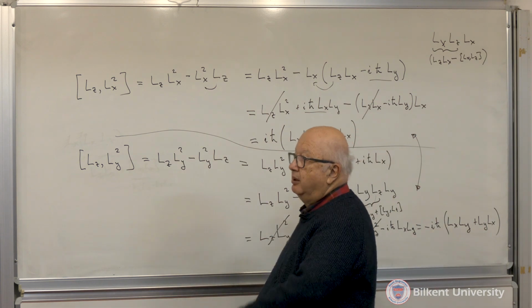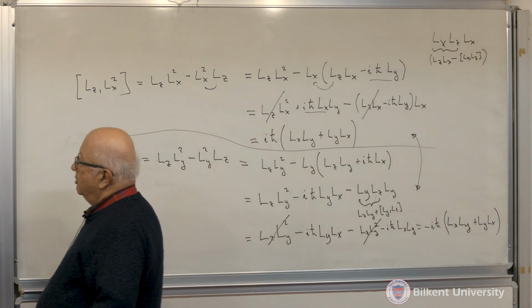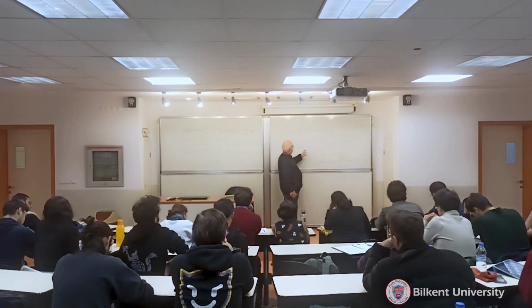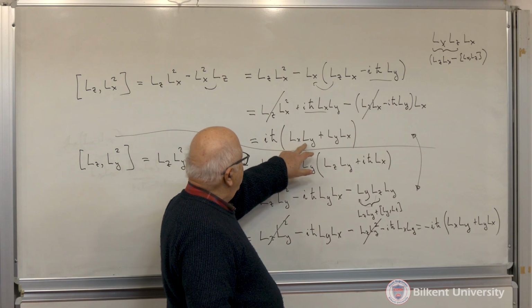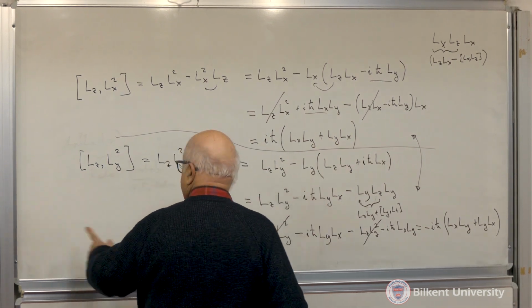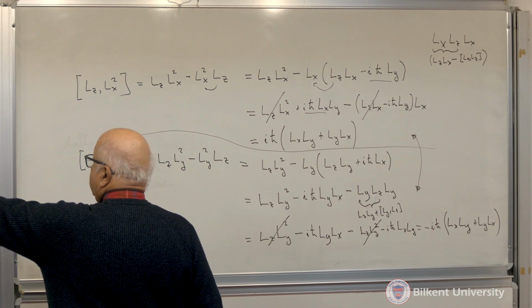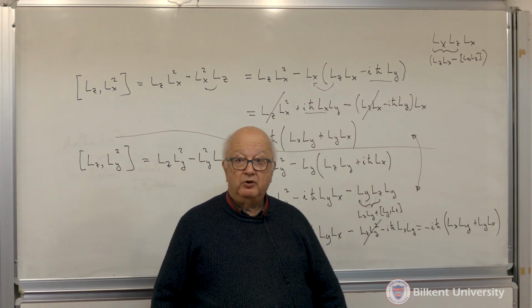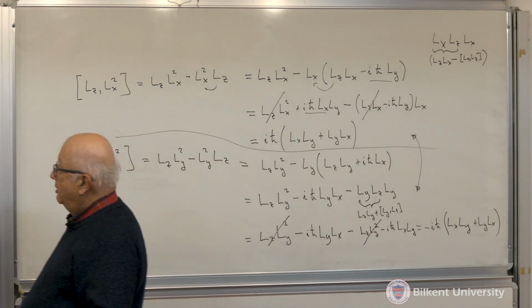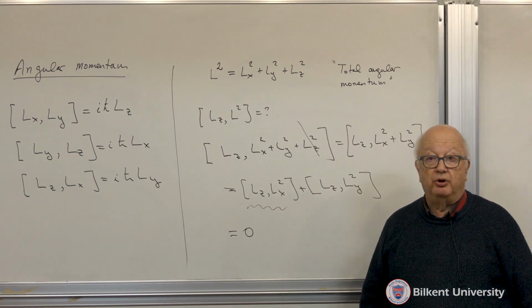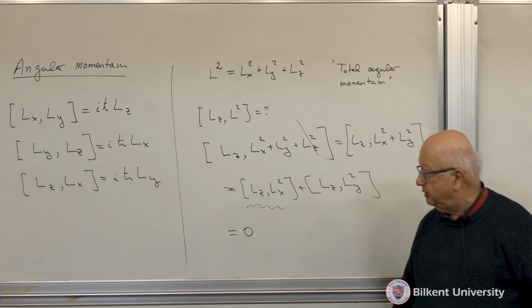So going back over here, this is going to be plus i h bar, Lx, Ly plus Ly, Lx. The other one is going to be the negative of that. So when I add them up, I end up with 0. So this is important.